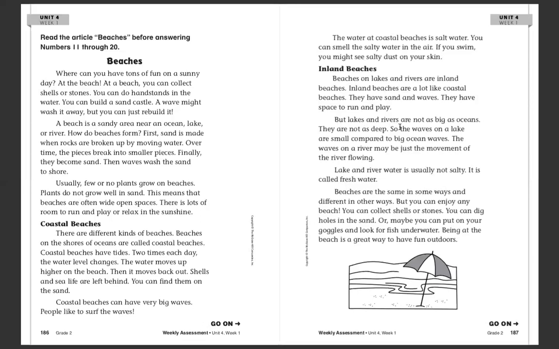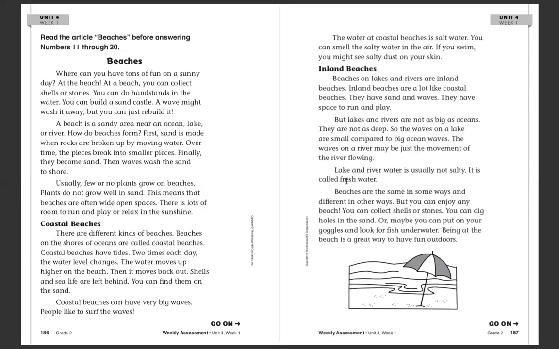But lakes and rivers are not as big as oceans. They are not as deep. So the waves on a lake are small compared to big ocean waves. The waves on a river may be just the movement of the river flowing. Lake and river water is usually not salty.